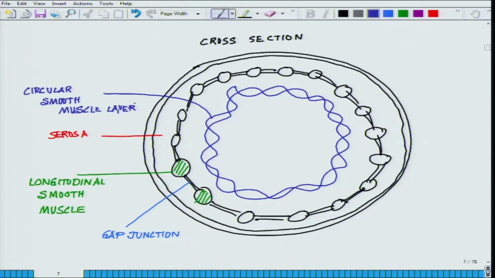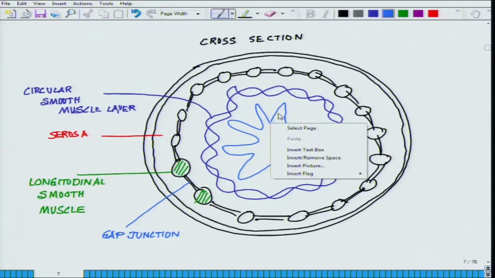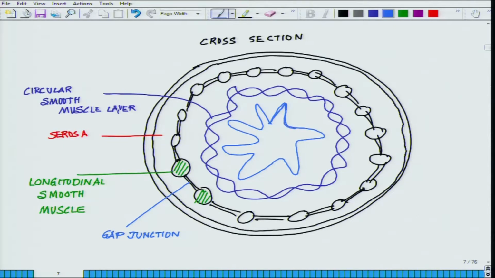And then within the circular smooth muscle layer, you have another layer, which is called mucosal layer. This is of course a double layered structure.